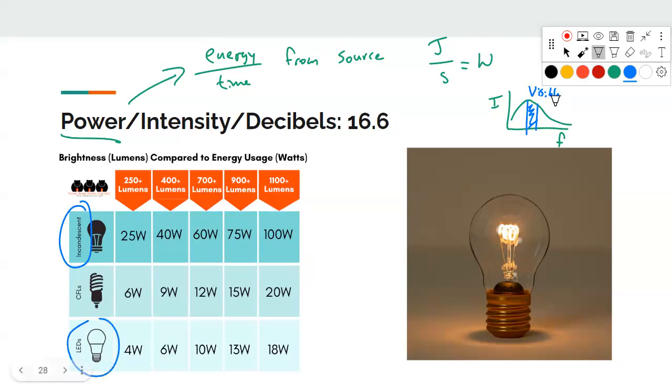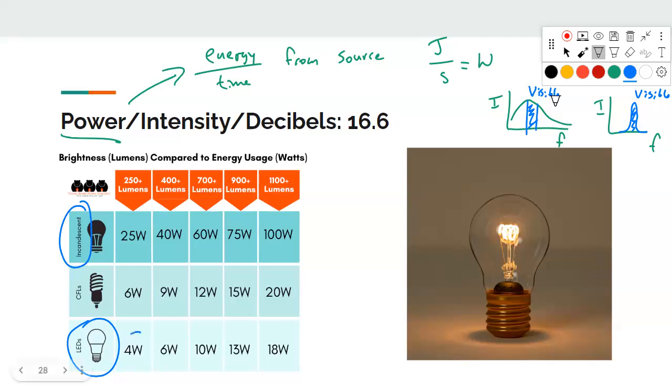Most people prefer LEDs, which work by entirely different physics. So instead of creating a curve like this, LEDs create a curve like this, where almost all of the light is in the visible range. And the way they work is quite complicated, beyond the scope of this class, but I encourage you to look it up if you're interested, or to ask me.